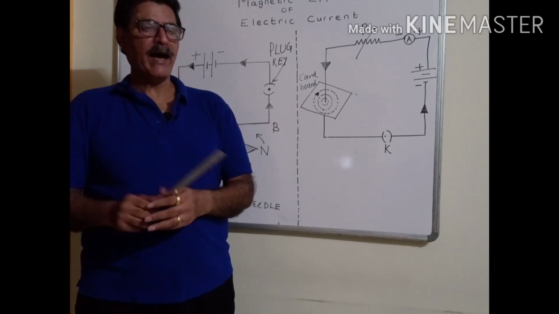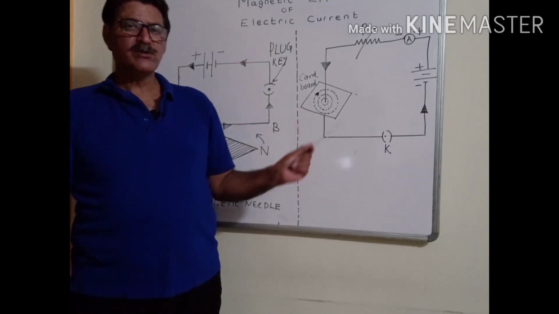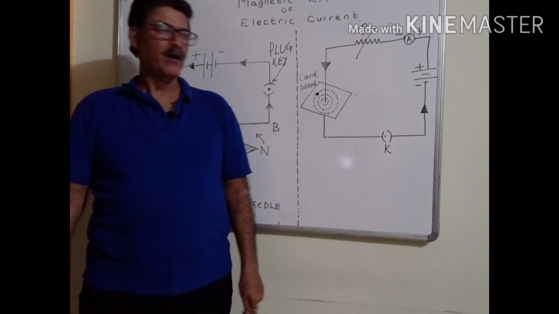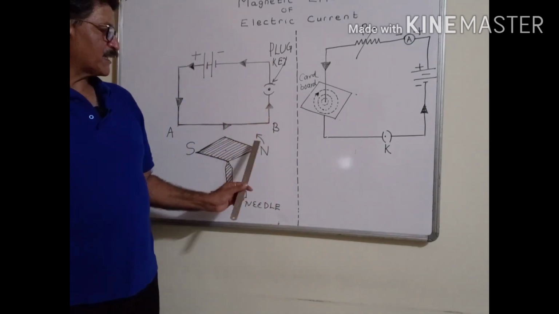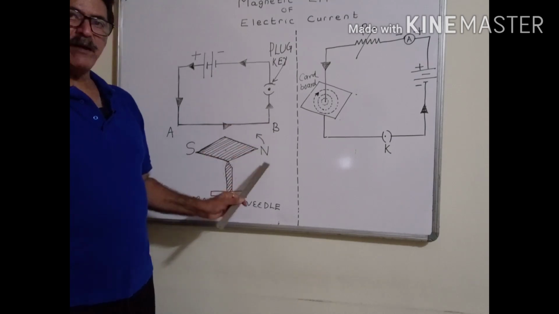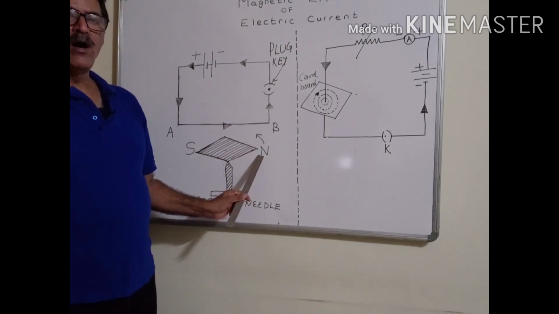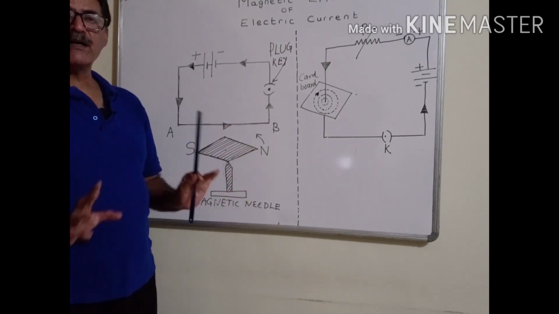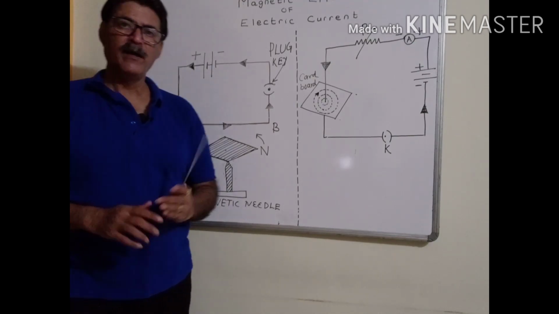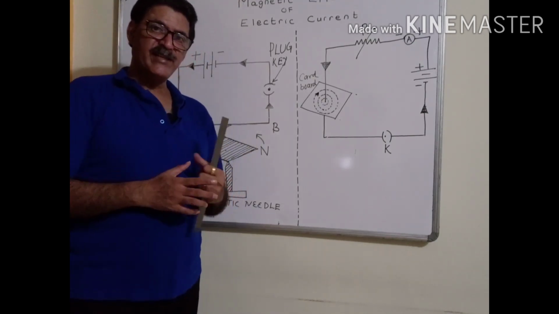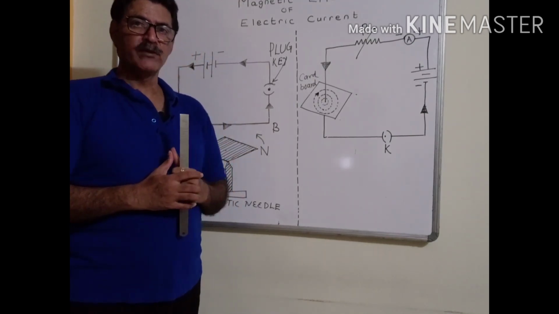So now we will have a look at this. Now students, what you are seeing over here in both these experiments proves that whenever current is passed through a conductor, a magnetic field is generated in the region around the conductor.